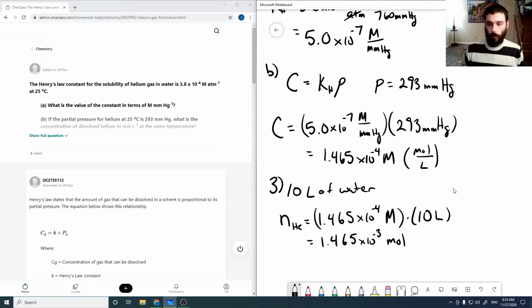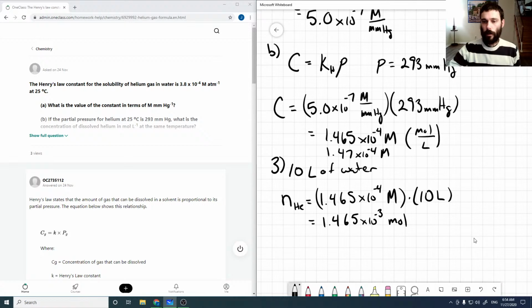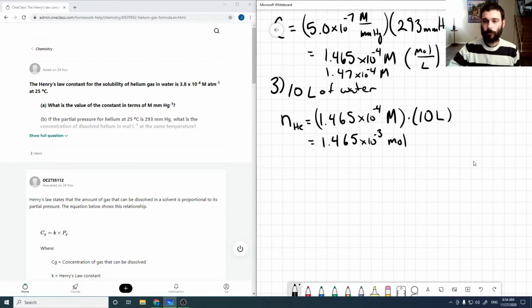That's a constant, so I think that's probably okay for significant figures, probably 1.47. Okay, so there's our number of moles of helium which are dissolved in our 10 liters of water.